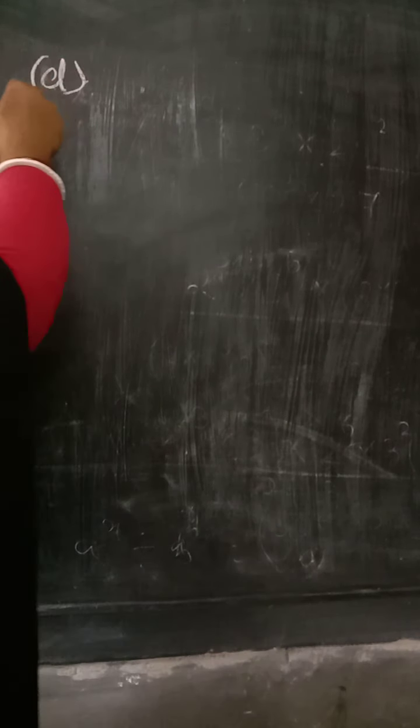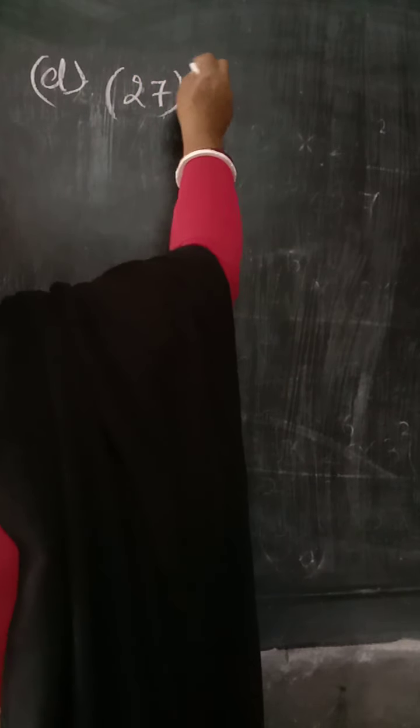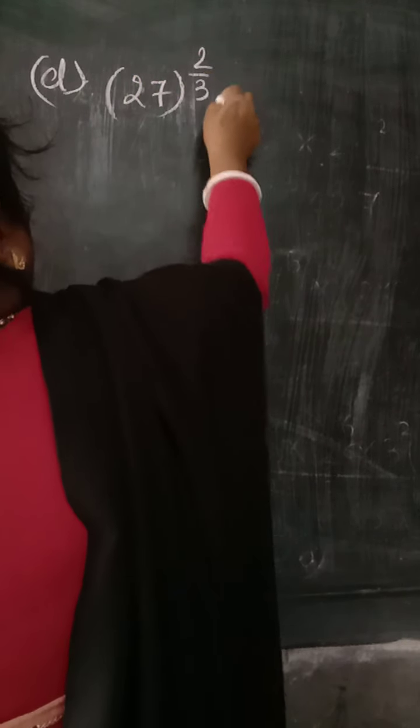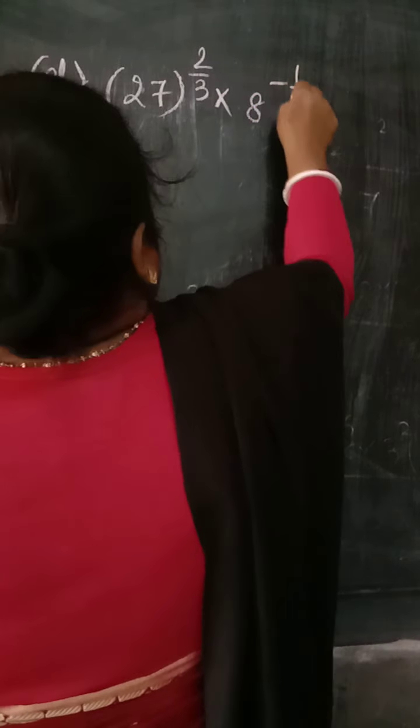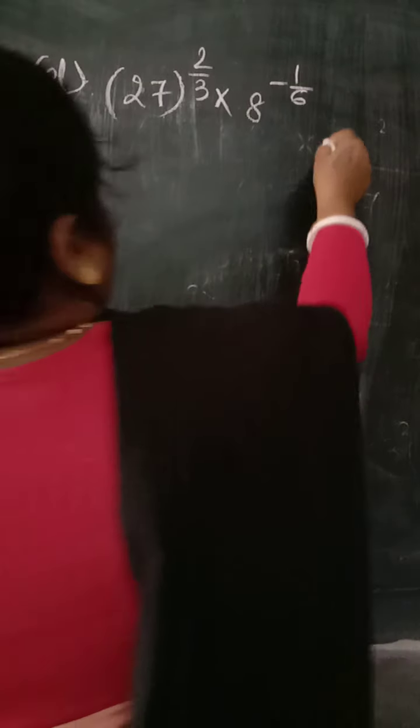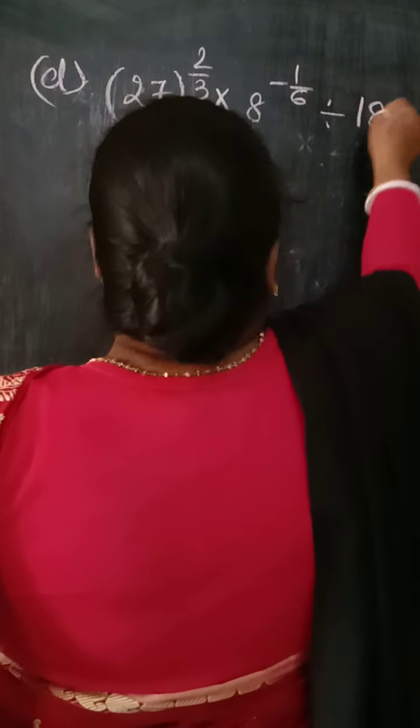Look at question number 6d. The question says 27 to the power 2 by 3 into 8 to the power minus 1 by 6 divided by 18 to the power minus 1 by 2.